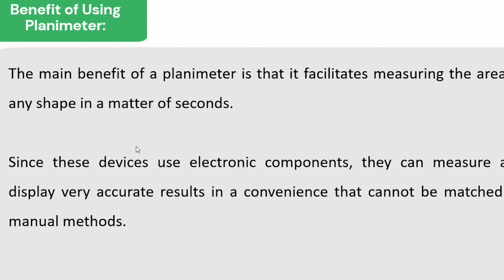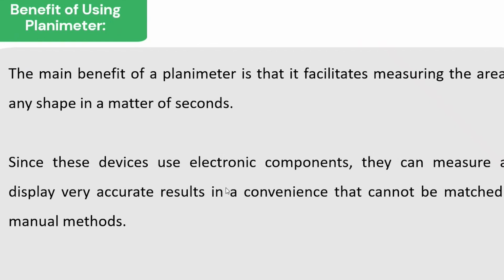So, what are the benefits of planimeter? The main benefit of planimeter is that it facilitates measuring the area of any shape in matter of seconds. So, ayun nga, as I said earlier, hindi na natin kailangan sukatin yung mga malalaking devices, malalaking components in actual. Kundi, gagawin na lang natin siya sa papel by a graphical method and by using the planimeter.